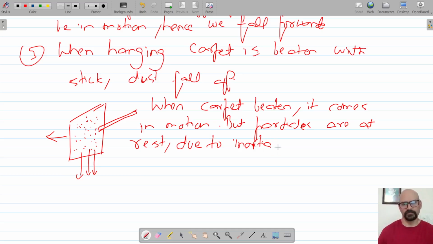And hence the dust falls off due to gravity. It will fall downward due to gravity, and will not go upwards.